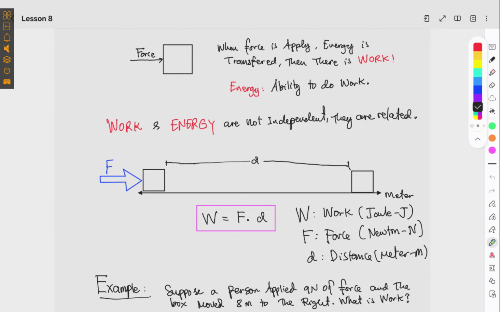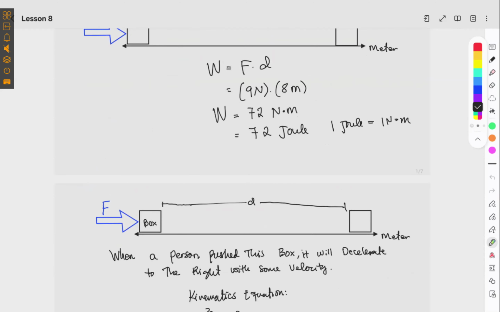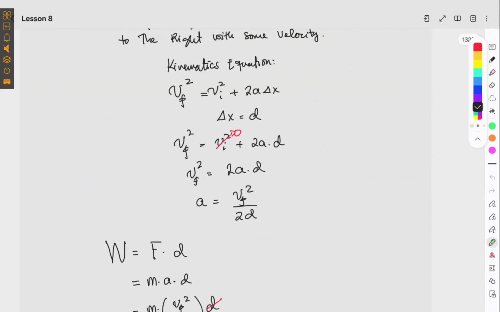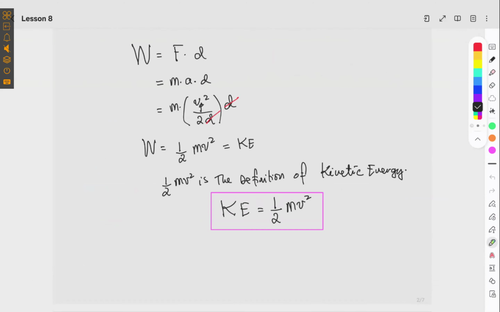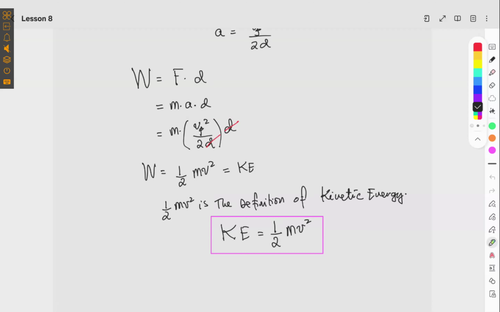We did some examples about work, and we derived the formula for kinetic energy. So work is also equal to kinetic energy, which is equal to 1/2 mv squared, right?